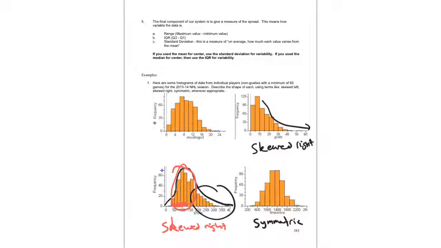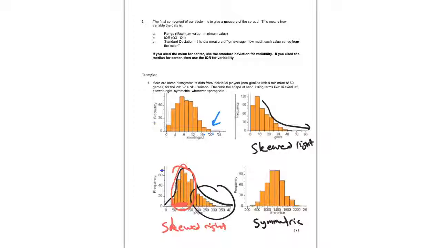The one that's a little tougher to tell is the top left. I think you could argue for either symmetric or maybe skewed right, because you've got off to the right there this kind of extra long tail. There's some from 16 to 18 to 20, even a couple in that 22 and 24 range there.